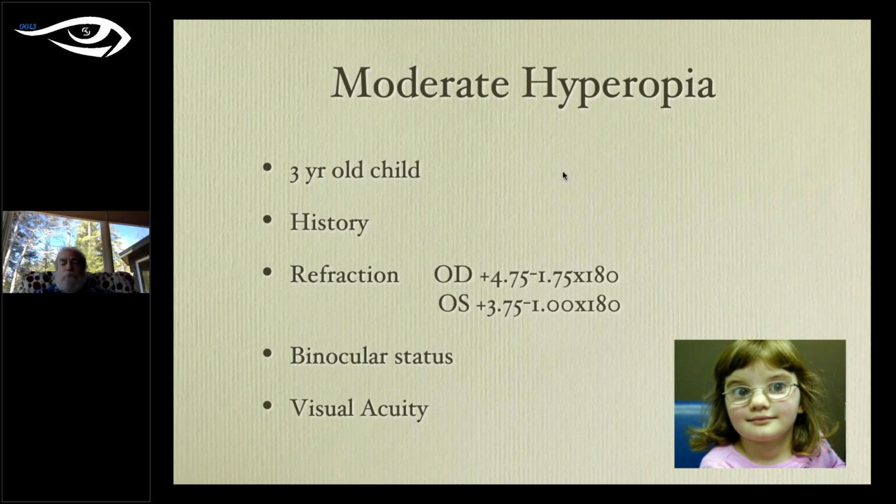Okay. And somebody says that if it's an accommodative esotropia, normally we don't subtract the 0.75 and would rather prescribe the full cycloplegic correction. That certainly is an argument.